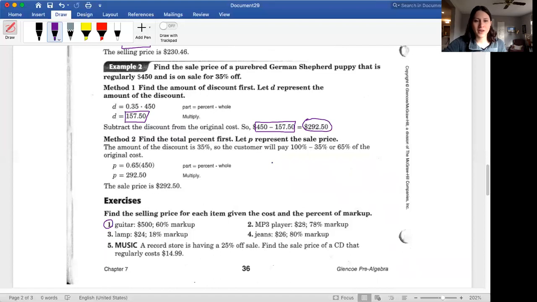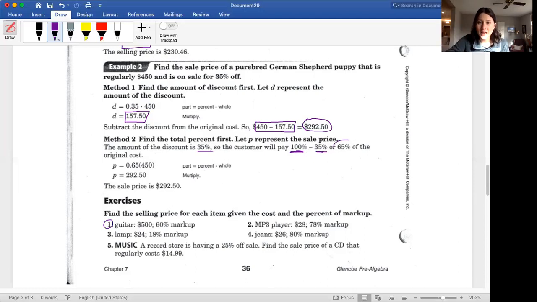Now the second method is by finding the percent that you actually have to pay before you work everything out. So if the discount is 35% off, then the amount that you have to pay is 100% of the item minus the 35% that's taken off of it.